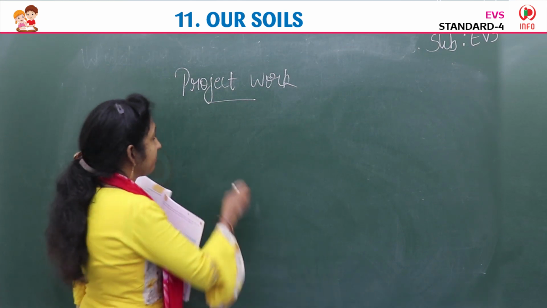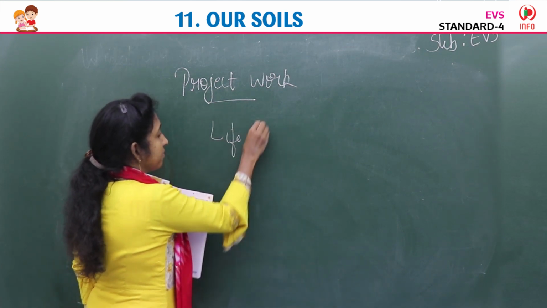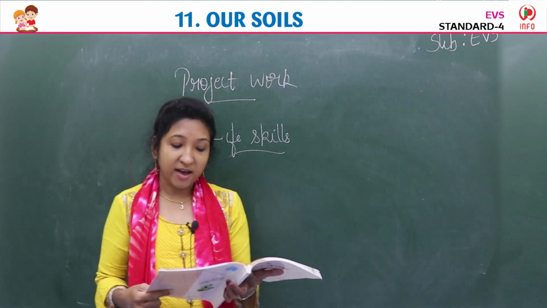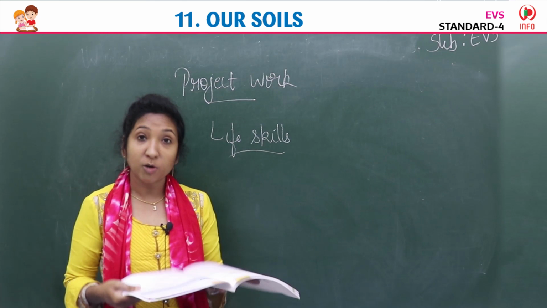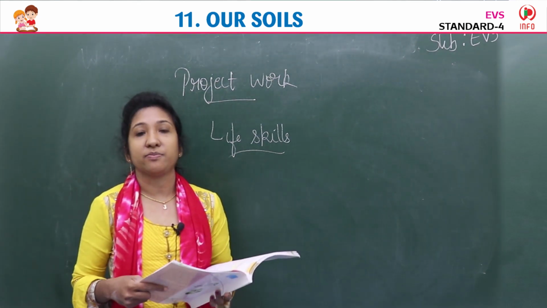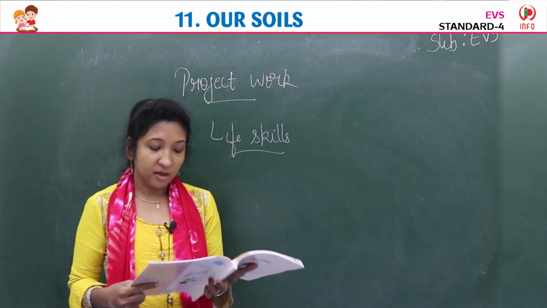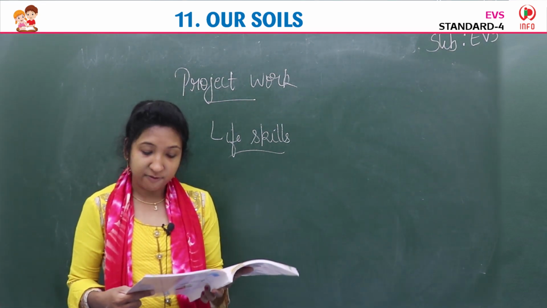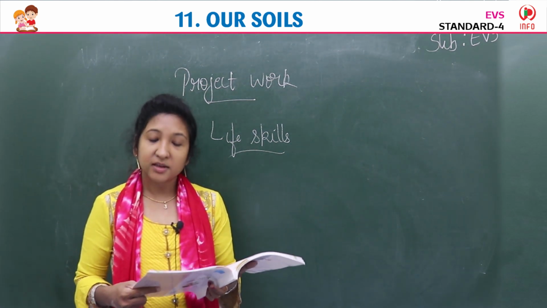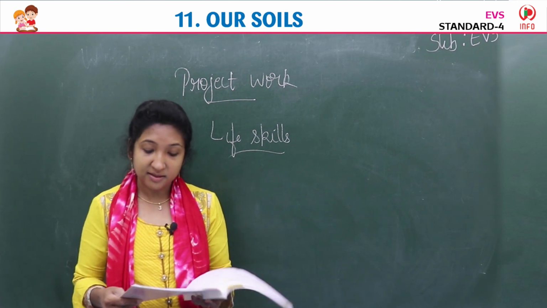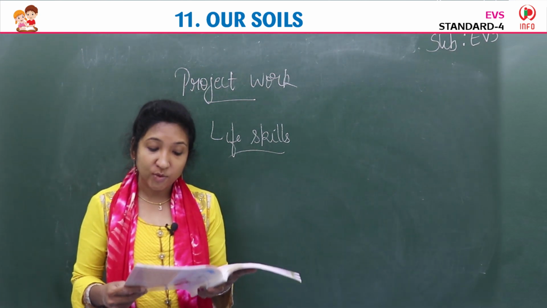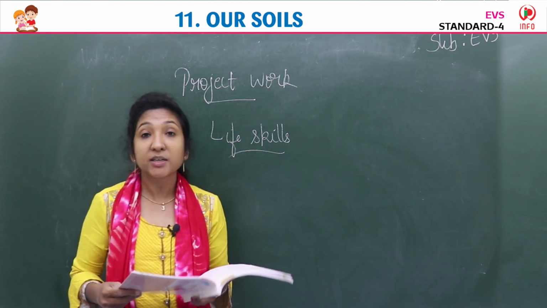Now life skills. The main reason why the soil becomes contaminated or polluted is the presence of man-made waste. Okay, human waste we say. The waste produced from nature itself, such as dead plants, carcasses of animals, and rotten fruits and vegetables, only adds to the fertility of the soil.